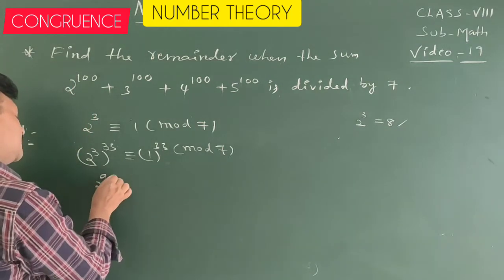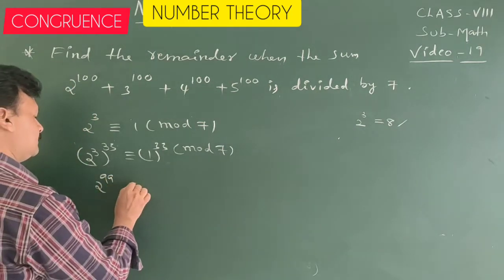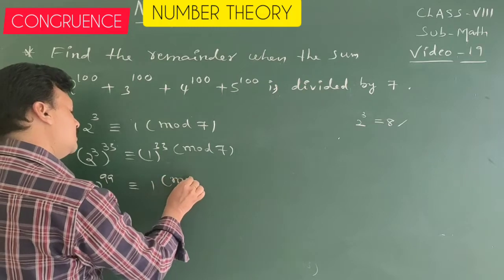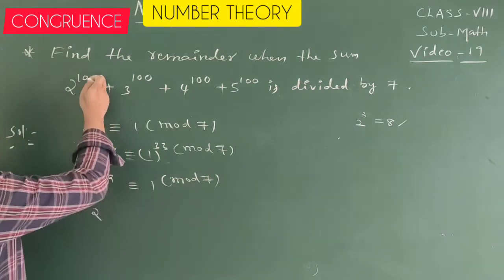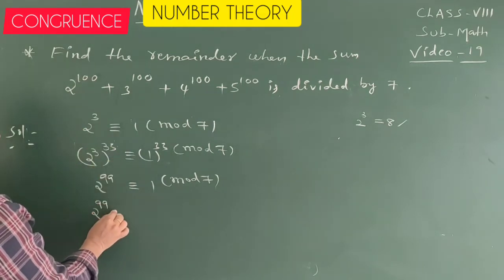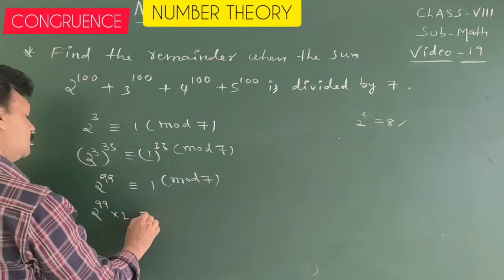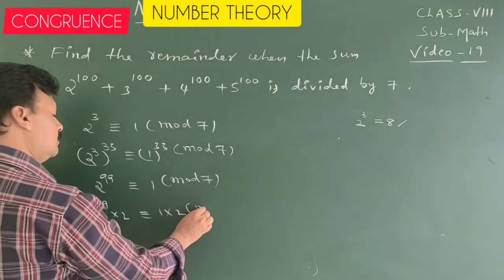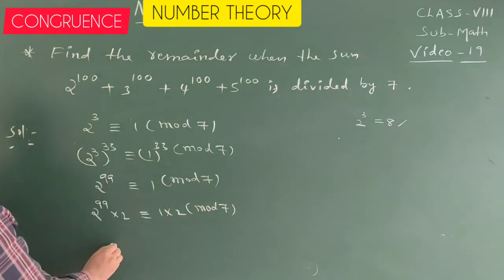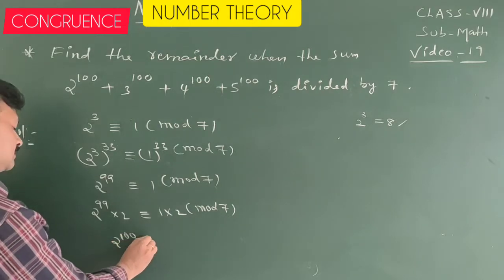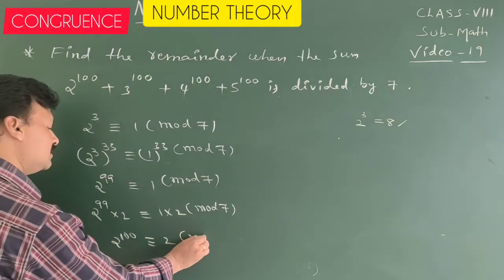So 2 power 99 is congruent to 1 mod 7. We require 2 power 100, so 2 power 99 into 2 is congruent to 1 into 2 mod 7. Here 2 power 100 is congruent to 2 mod 7.